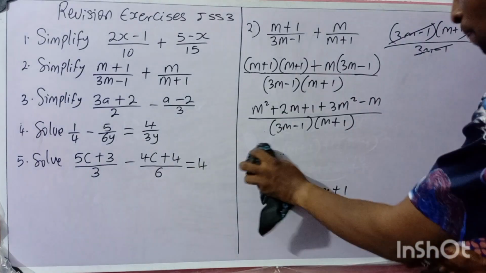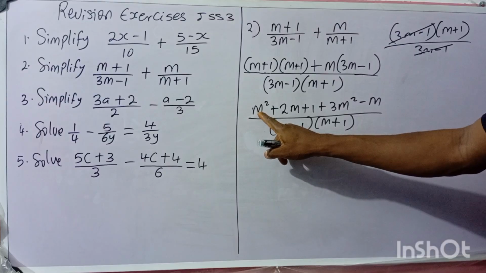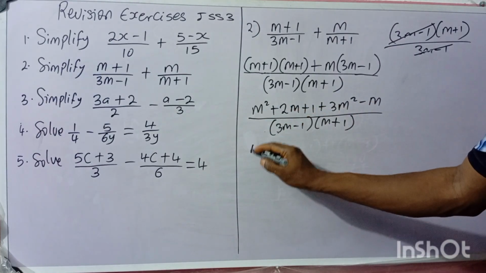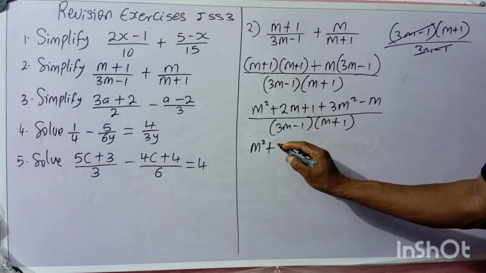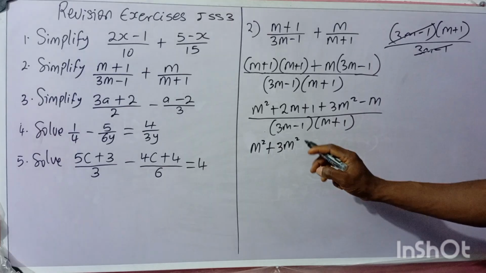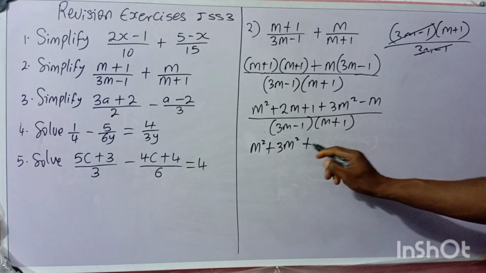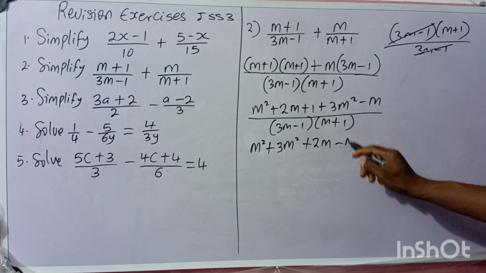So let's now go further to collect like terms. You can see this m squared and this m squared are like terms, so we can bring them together. That would be m squared plus 3m squared. Then this one and this one are like terms, plus 2m, then minus 1m.